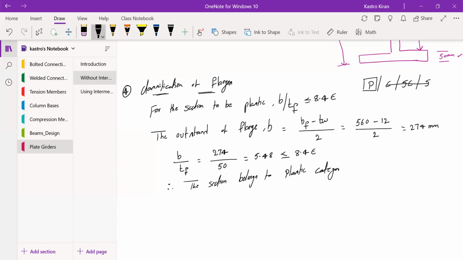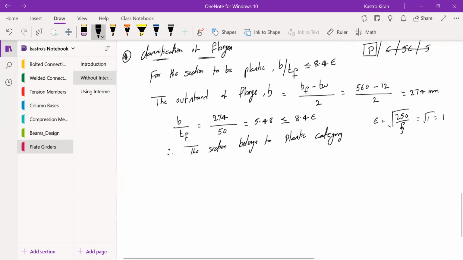Here the value of epsilon is taken as the square root of 250 by fy, where fy is 250 again, therefore root 1 equals 1. So I'm just taking the epsilon value directly as 1. And if the section is of plastic category, the value of beta b is taken as 1. The same thing which we have adopted in the design of beams also.